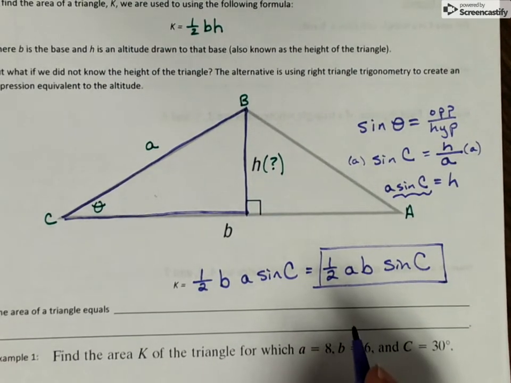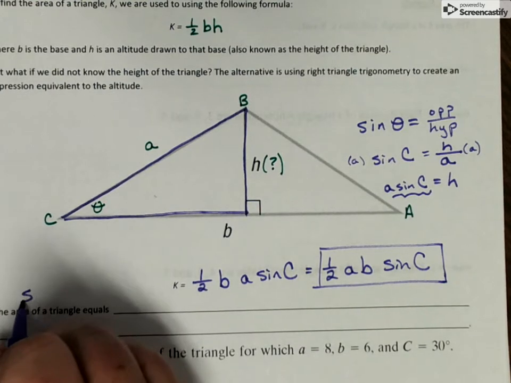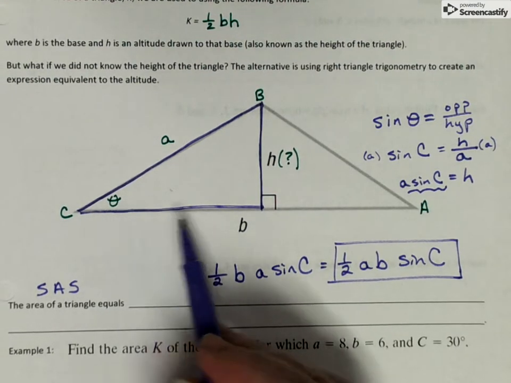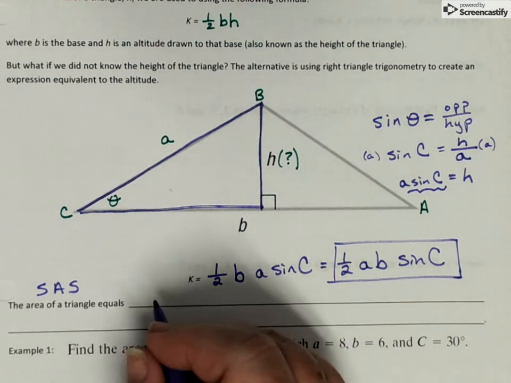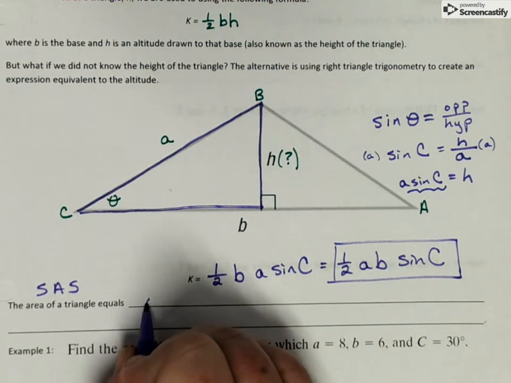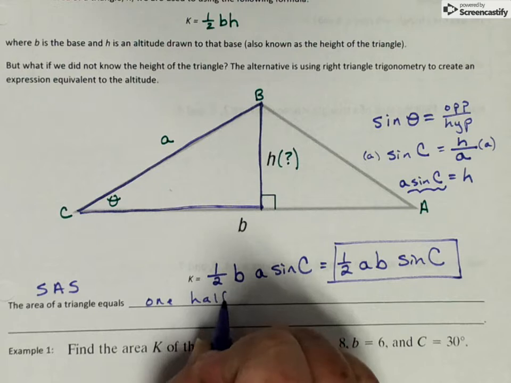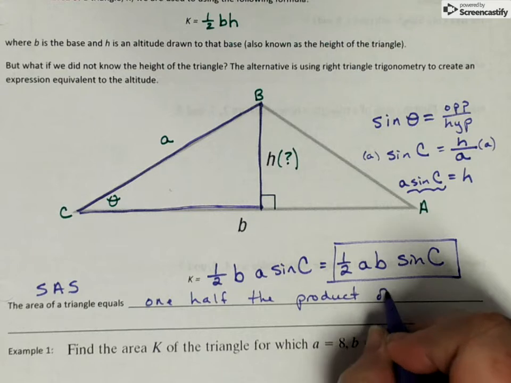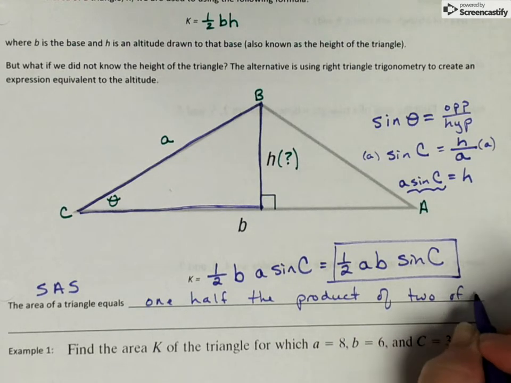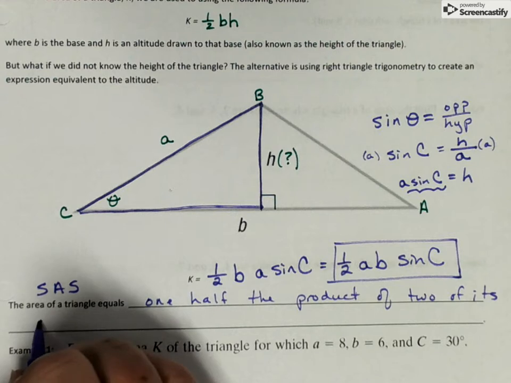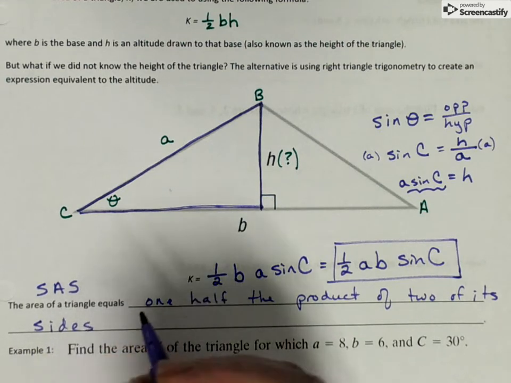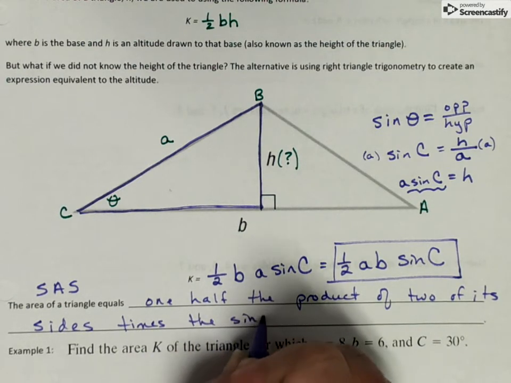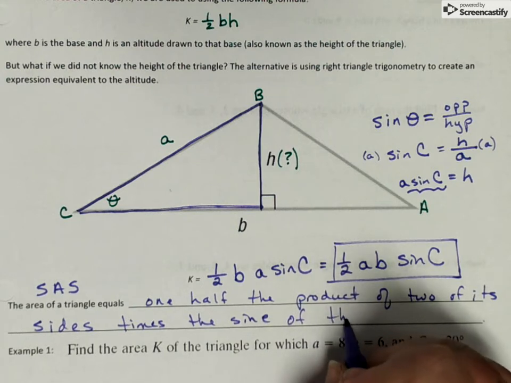And what it tells us is that on a side angle side triangle, anytime we're given a side, an angle, and a side, so the included angle, the area of the triangle equals 1/2 the product of the two sides times the sine of their included angle.